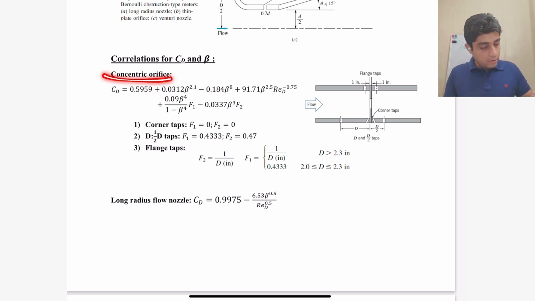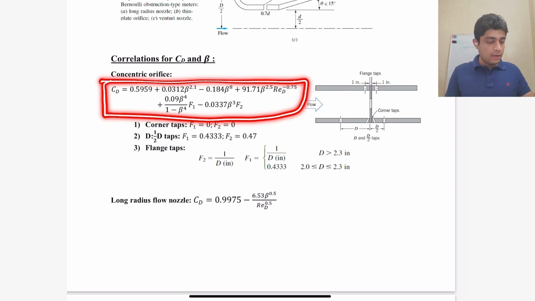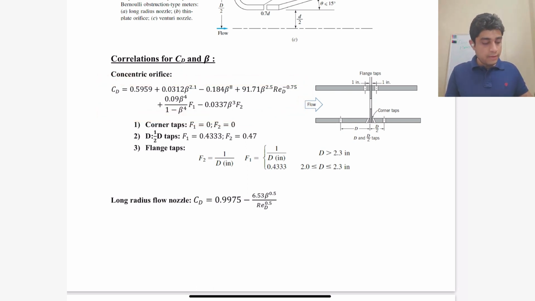So let's say for a concentric orifice, the coefficient of discharge has this complicated form, which is found by basically curve fitting the experimental data, and this form is different depending on where we place our pressure taps in the orifice meter. So there are three standard places where we put the pressure taps.